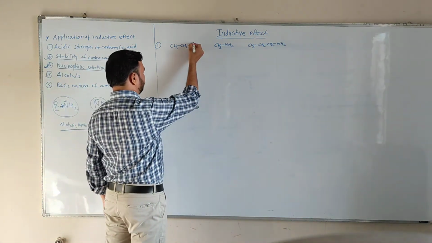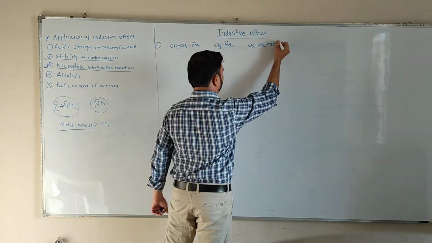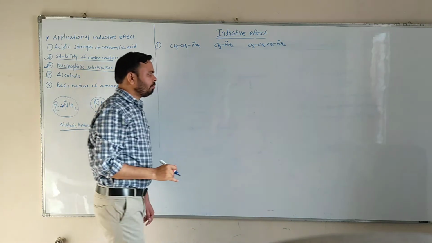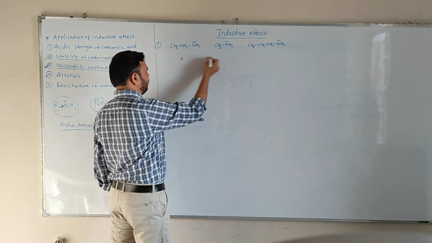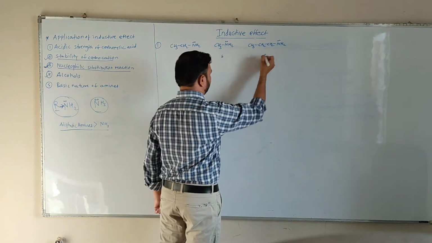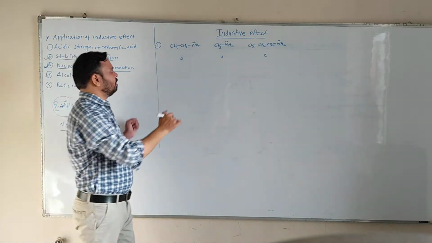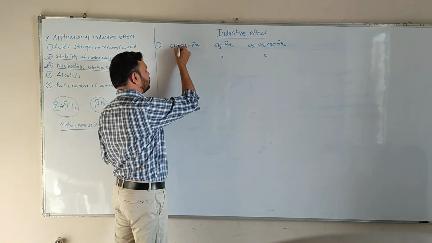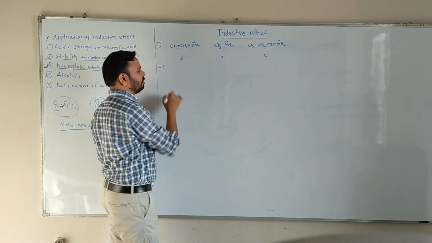This is the lone pair, this is lone pair, this is lone pair. The comparison is between example A, example B, example C. In these examples, the electrons are donated. This is the plus I effect. This is plus I effect.